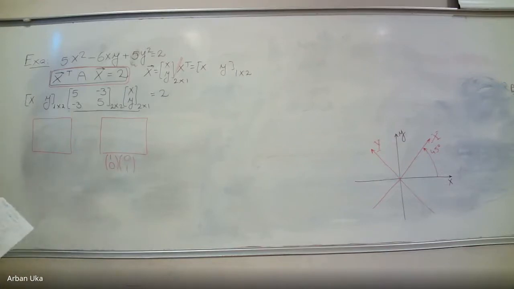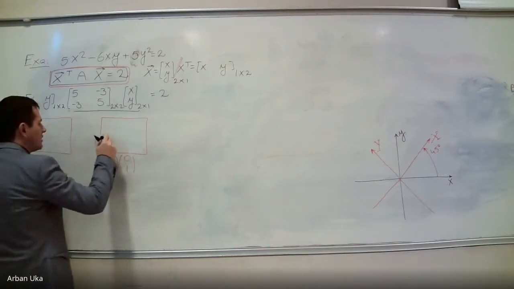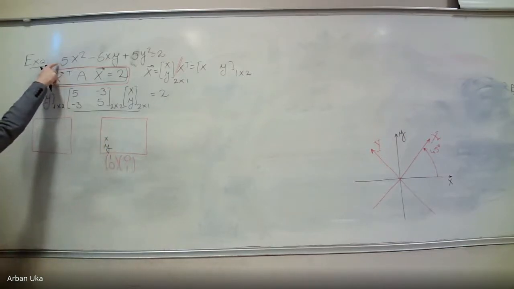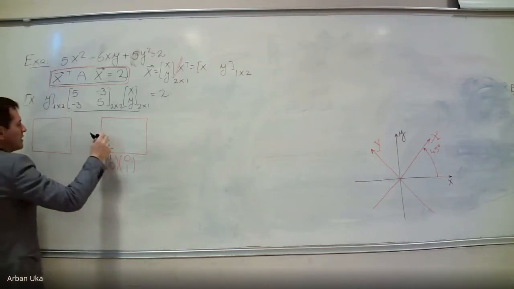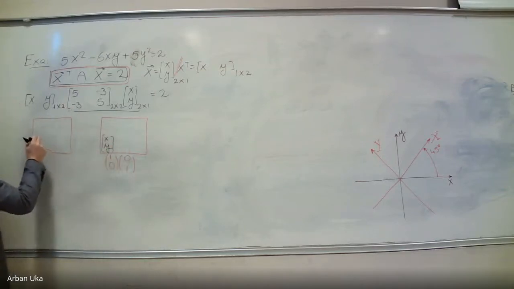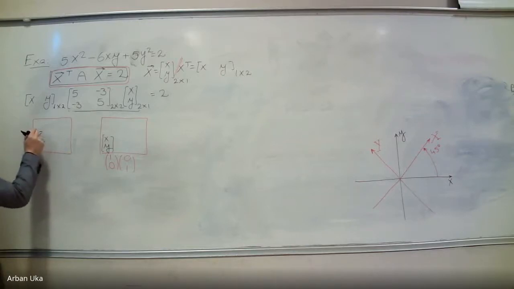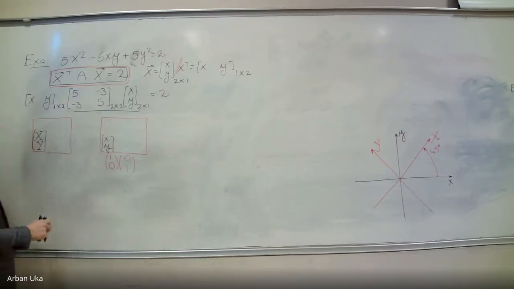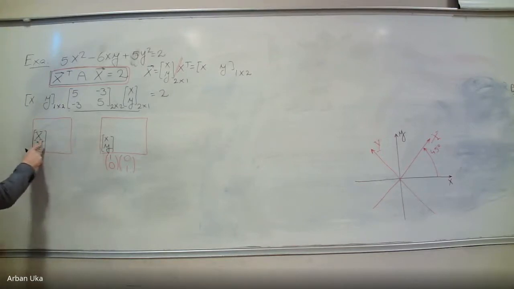And in the standard basis, the values that we are given are x and y. So we are talking about the first expression, where these are x and y. And let's say that we want to go to a new basis by rotating the axis by 45 degrees, and we get this capital X, Y. How is this capital X, Y related to x, y? Who can help me here?